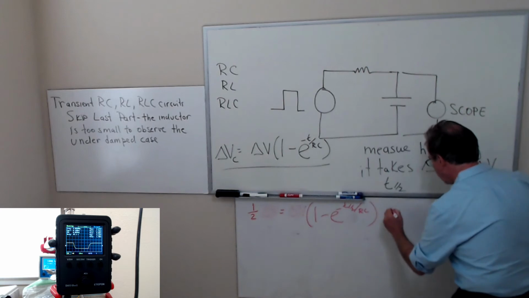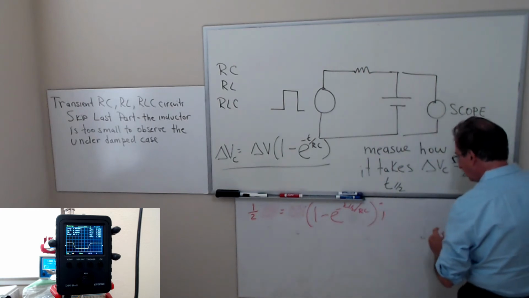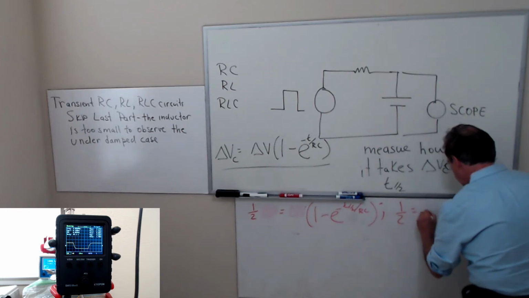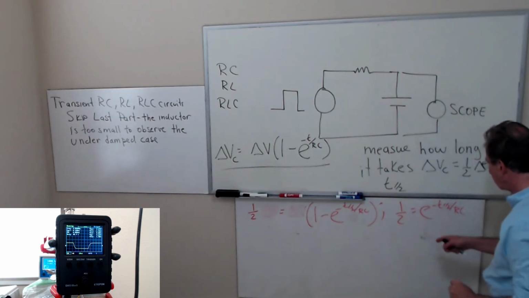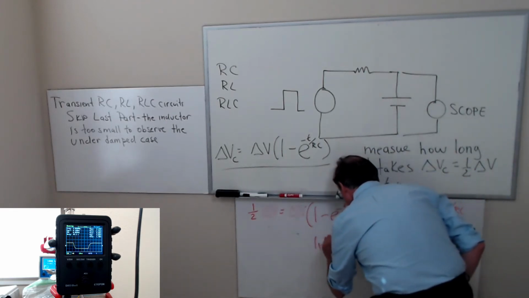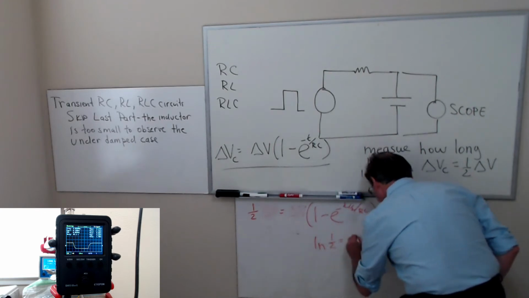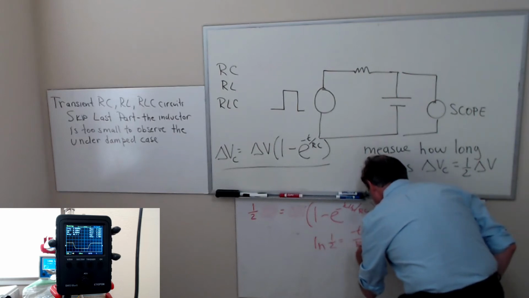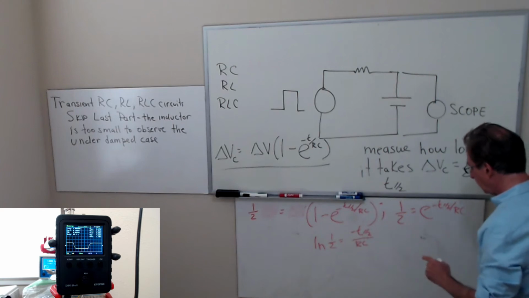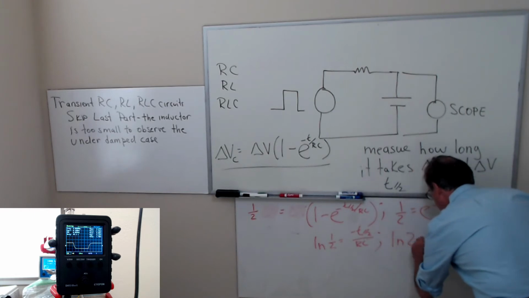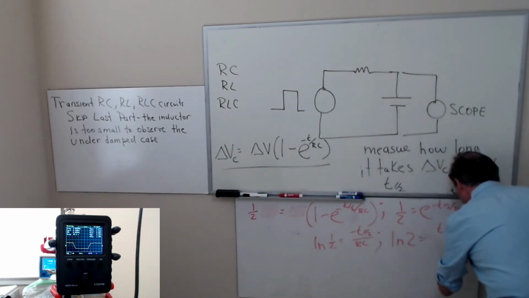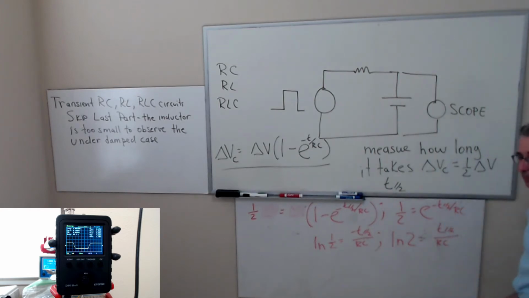And if I do some more math, I'll get 1/2 equals e to the minus t 1/2 over RC. Take the log of both sides. And then I can flip this, cancel out the minus signs, and then solve for C.